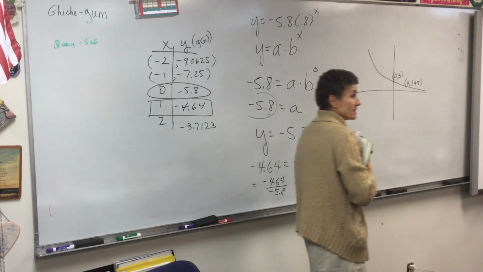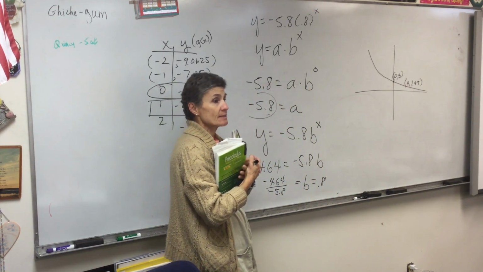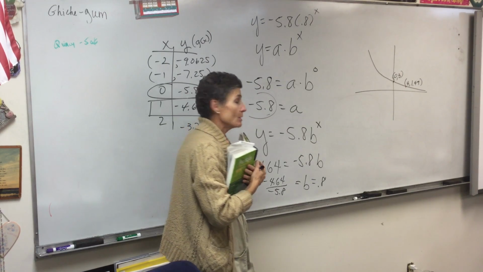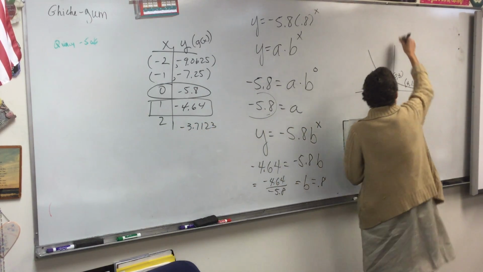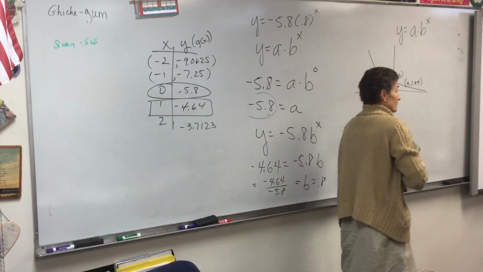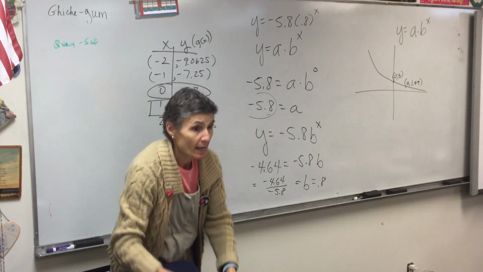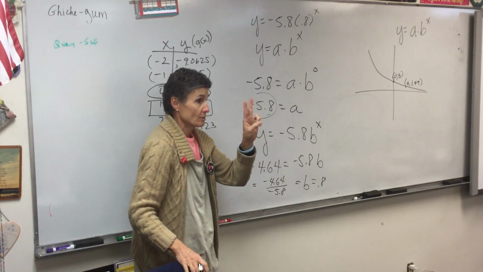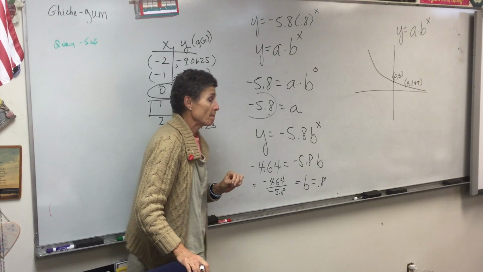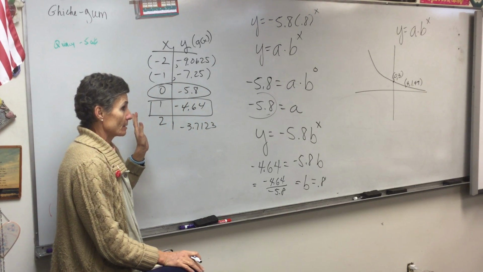They gave us 2 points. This is exactly the same problem. You're going to write the equation of the exponential. And it's just like the ones we did the other day. You have how many points? 2. But that's all you need. In the last problem, we had 5. We didn't need 5. We need 2.